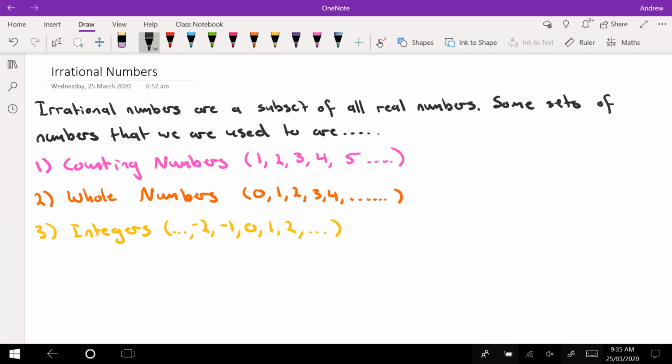Alright. Now, where do irrational numbers fit in this? They're not imaginary numbers. Irrational. Where do irrational numbers fit with this? Well, first of all, let's explain what rational numbers are before we get into what irrational numbers are.